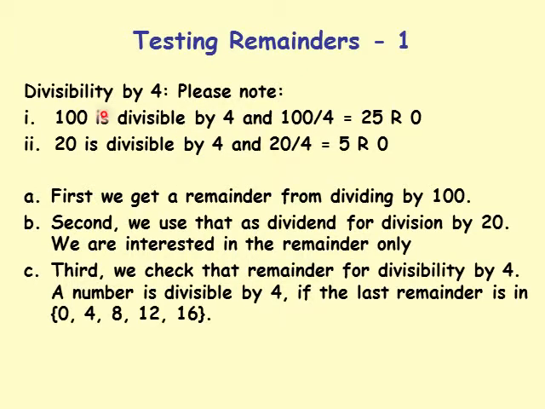We subtract the multiples of the divisor, 4 in this case, as many and as fast as I can, so that I arrive at a remainder quickly. So after subtracting multiples of hundreds and then multiples of 20s to get a remainder less than 20, if that remainder is 0, 4, 8, 12 or 16, the number is divisible by 4.